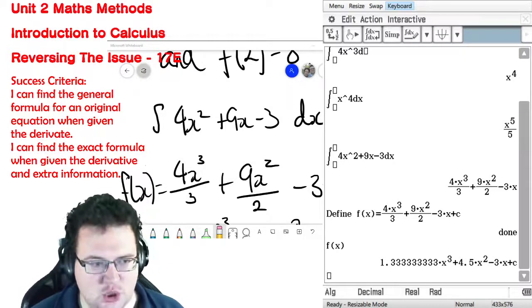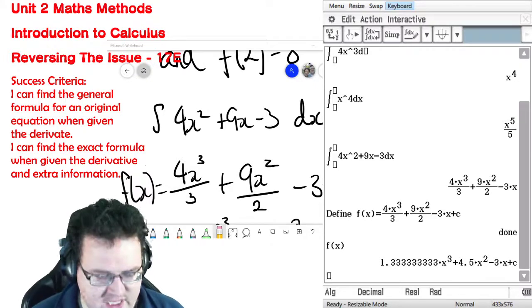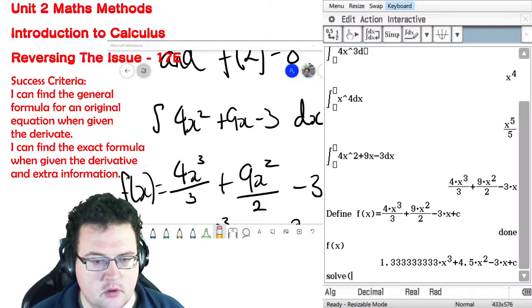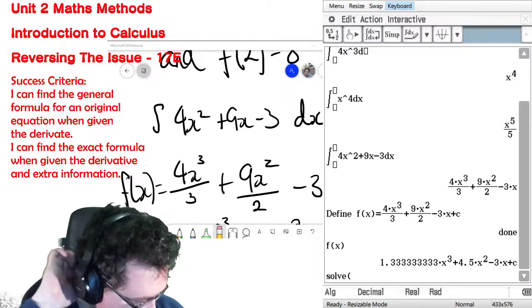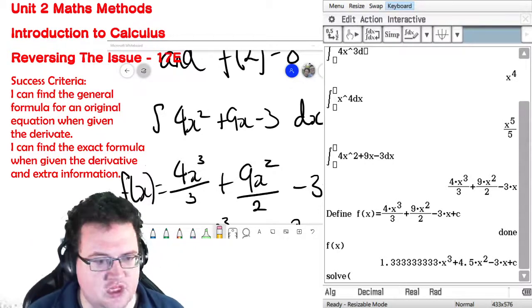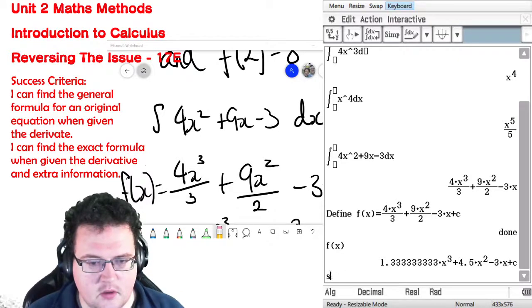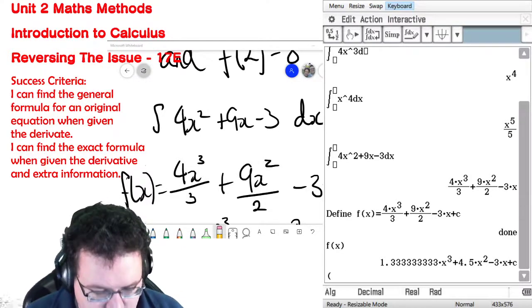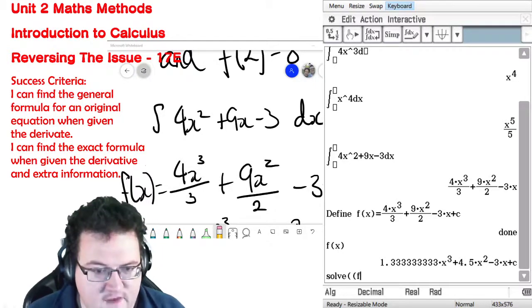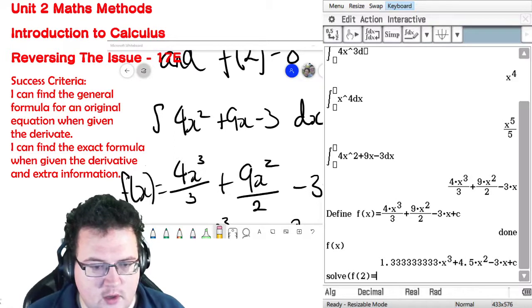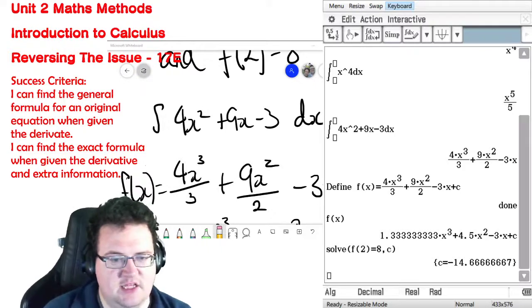What I can then do is solve my equation by going, well, what is solve f of 2 equals 8 comma c, and it spits out the answer.